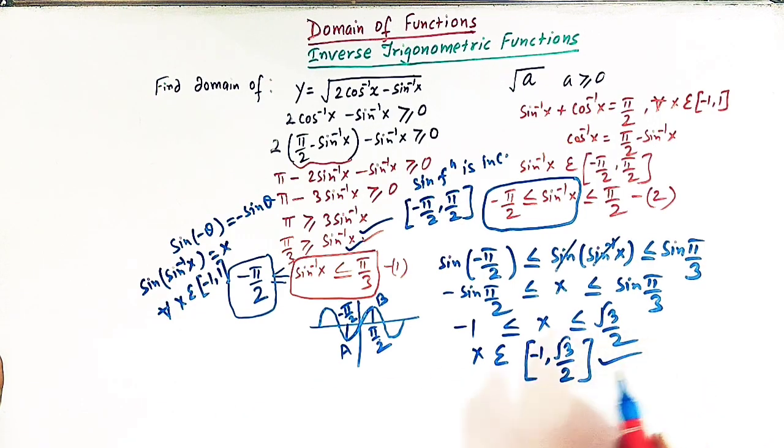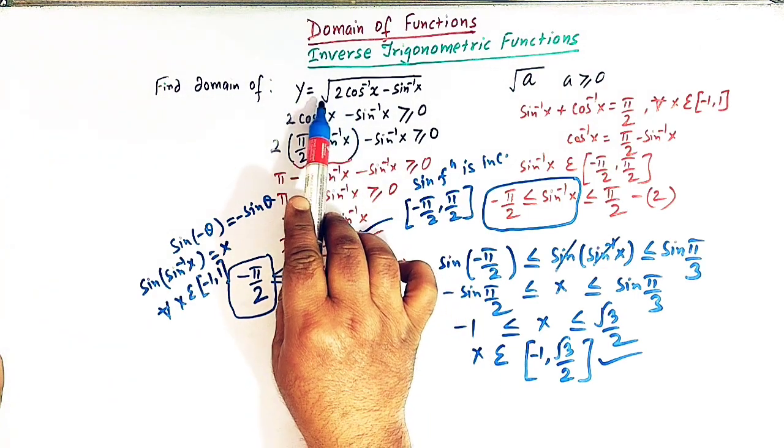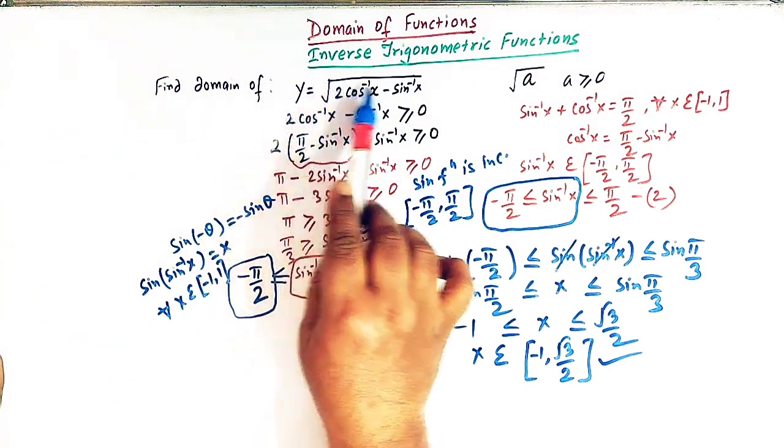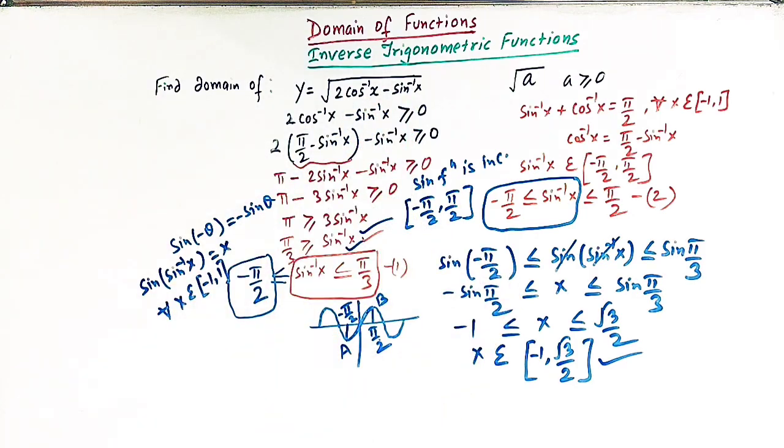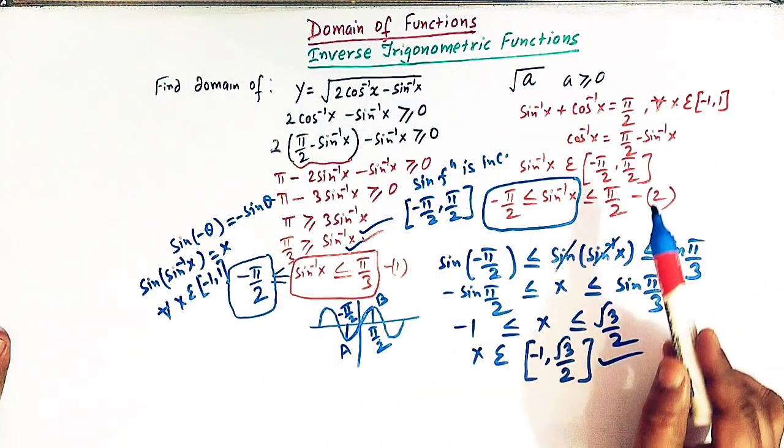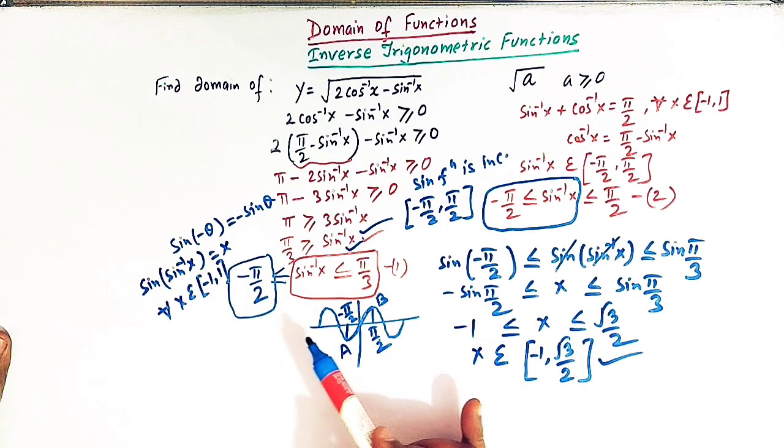So this is the required domain of the function y is equal to square root of 2 cos inverse x minus sine inverse x, right? So this is how, by making use of all these concepts, we can easily arrive at the domain of functions.